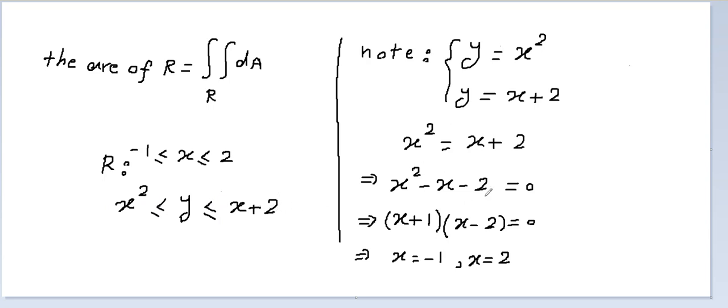So this is how we find the intersection points, and this is the description of region R.